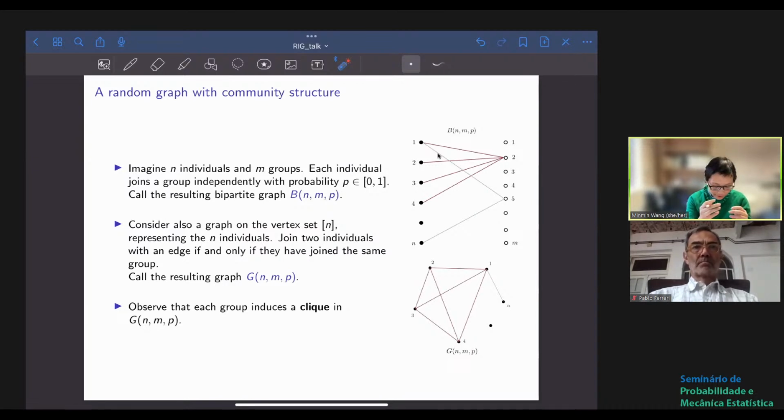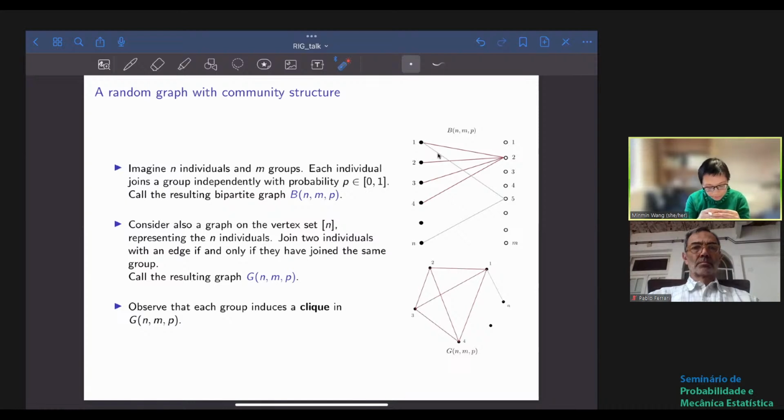In terms of graphs, this simply means that you have a subset of vertices which are more likely to connect with each other than with someone else outside the group. There are various ways to achieve this community structure. For example, you can consider a random geometric graph, which is not the one I'm going to consider here.